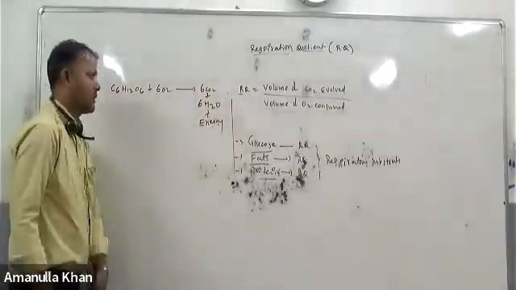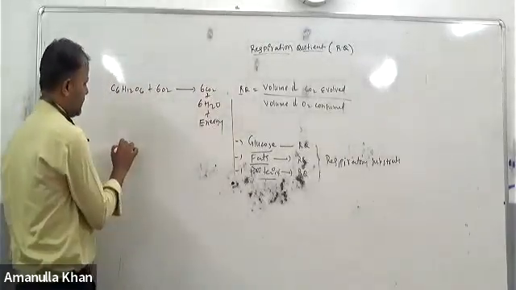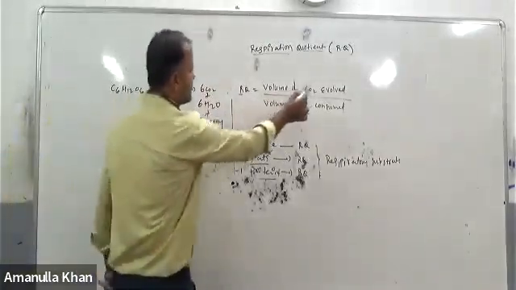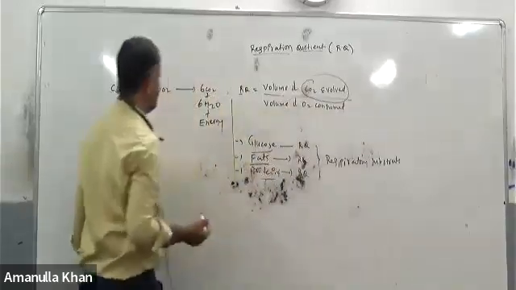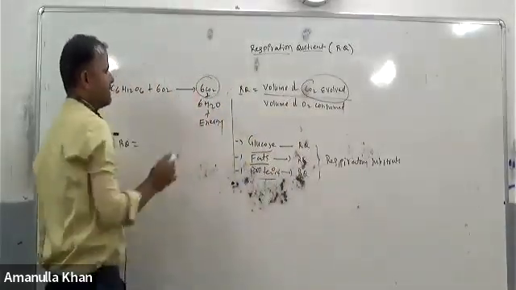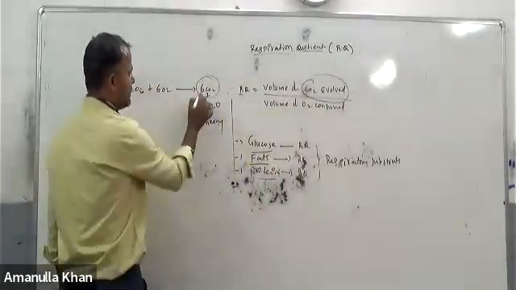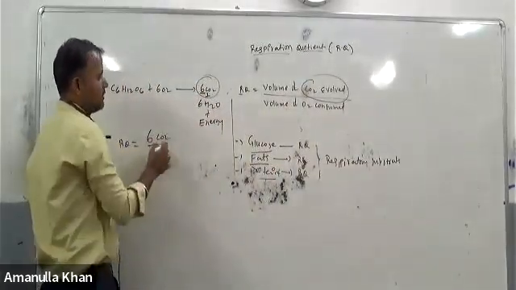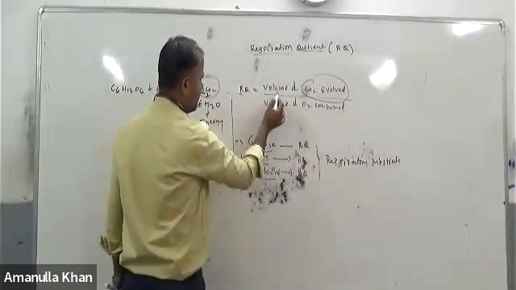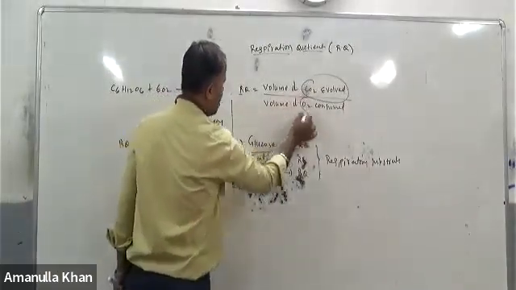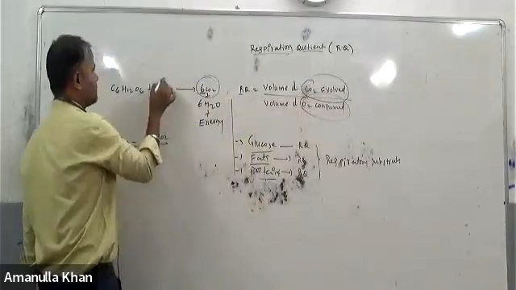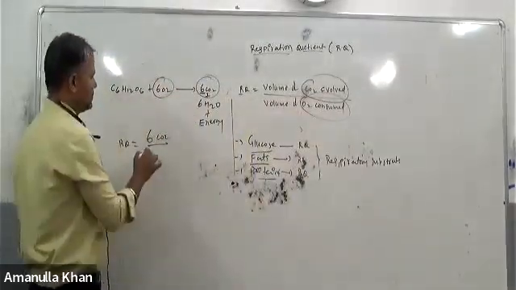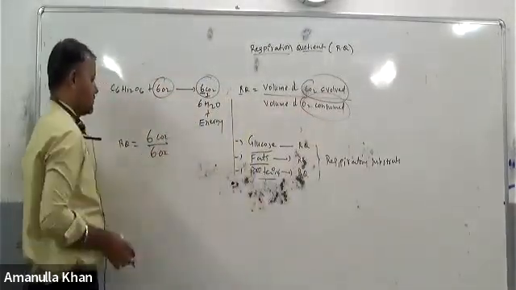Now what is the RQ formula? RQ equals volume of CO2 evolved by volume of O2 consumed. How much CO2 is evolved? Evolved is nothing but released. 6 CO2 is evolved. How much O2 is consumed? 6 O2 is consumed.